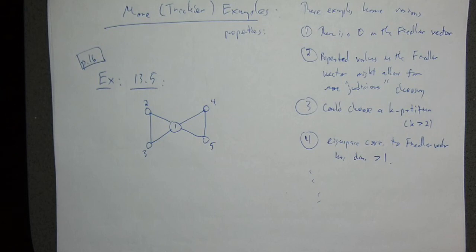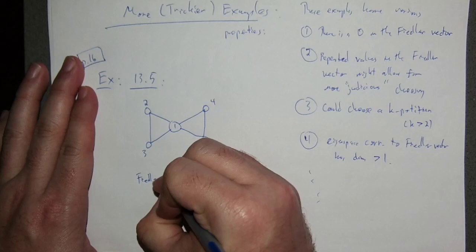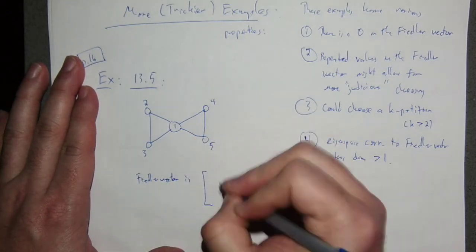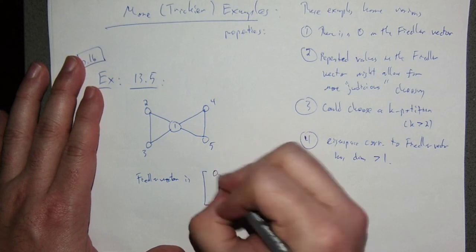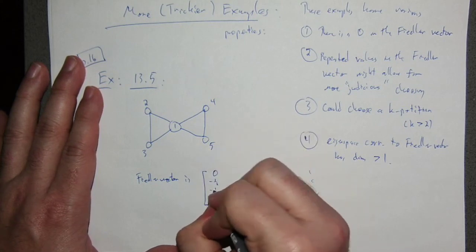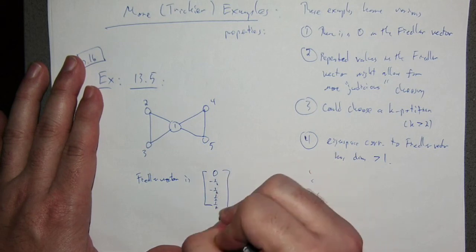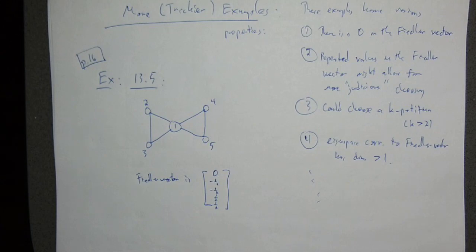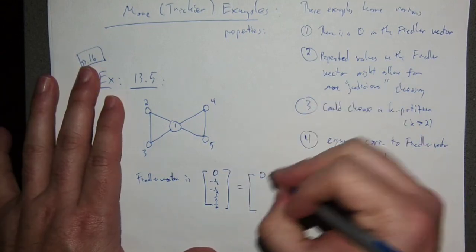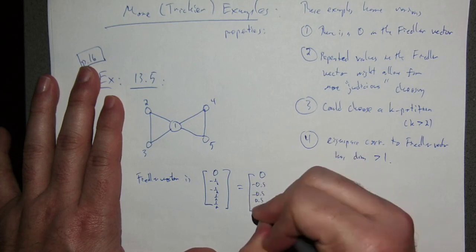The associated Fiedler vector is 0, minus 1/2, minus 1/2, 1/2, 1/2. That looks really small. Let me write it in decimals like it does in the book. So minus 0.5, minus 0.5, 0.5, and 0.5.